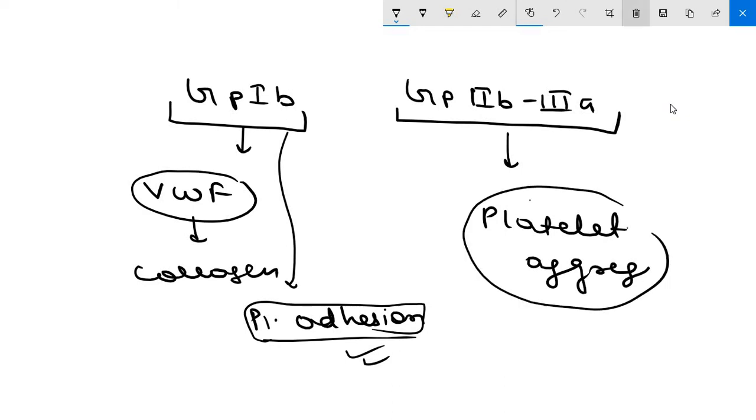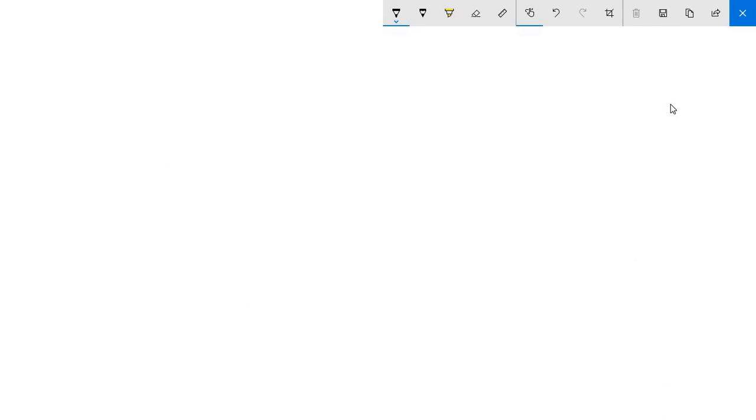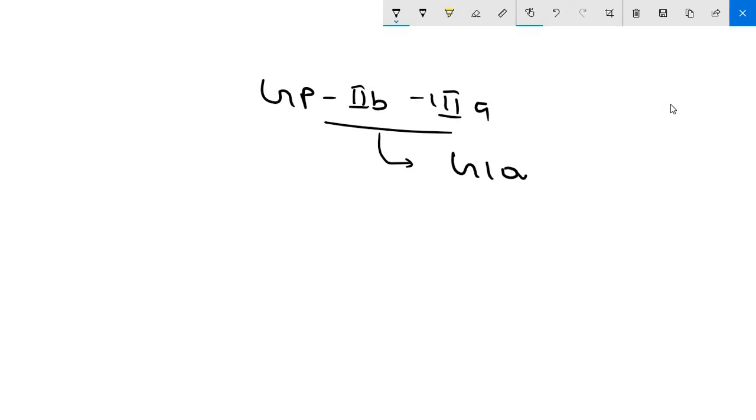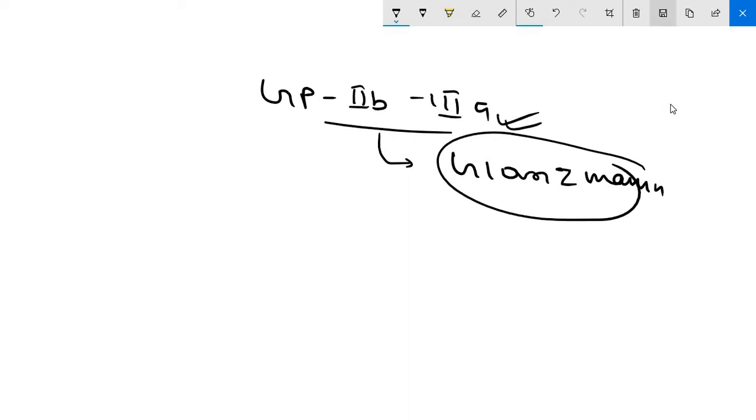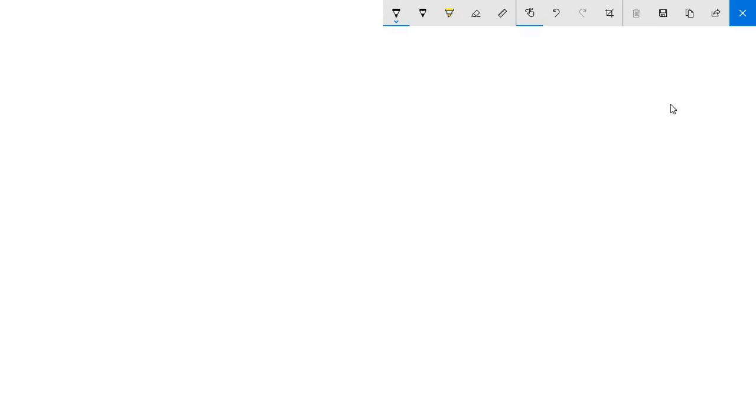Clear? Now one clinical point is also there. If there is a defect in the glycoprotein 2B3A receptor, then it causes a bleeding disorder that is known as Glanzmann thrombasthenia. Clear? So these are the contents and the receptors.